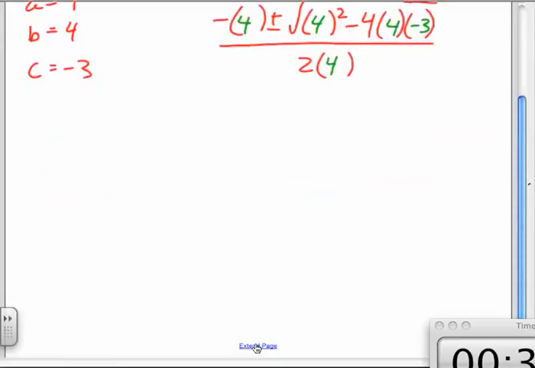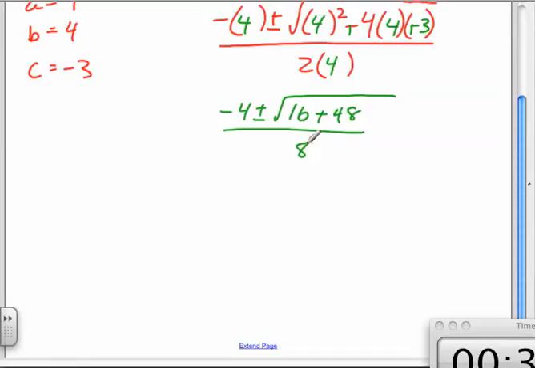All right, let's see what we get. Negative 4 plus or minus the square root of 16 plus, because I have two negatives there, 48, all over 8. Okay, so far so good. Negative 4 plus or minus the square root of, what is that, 64.